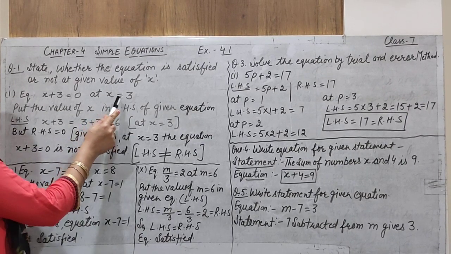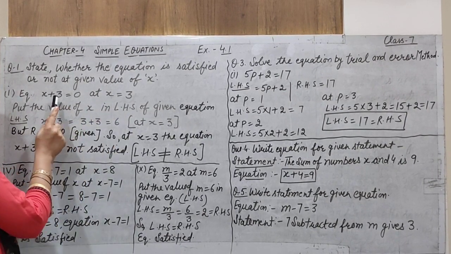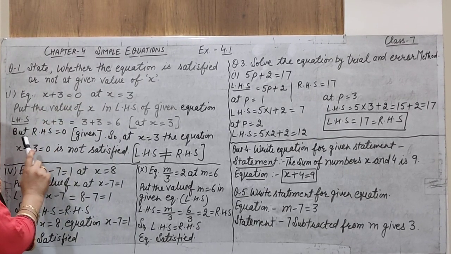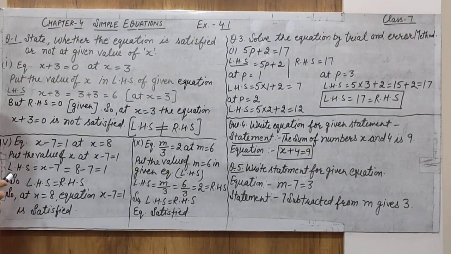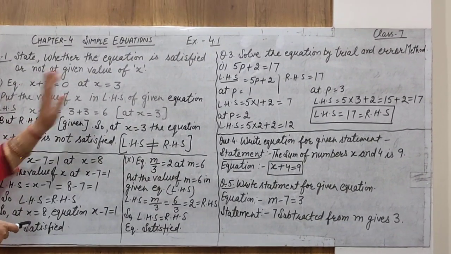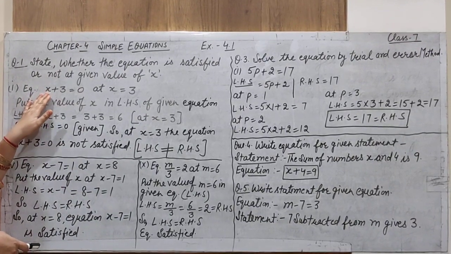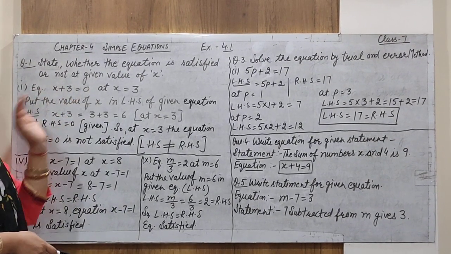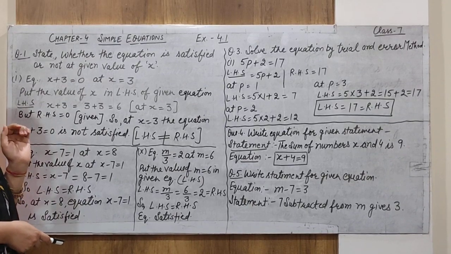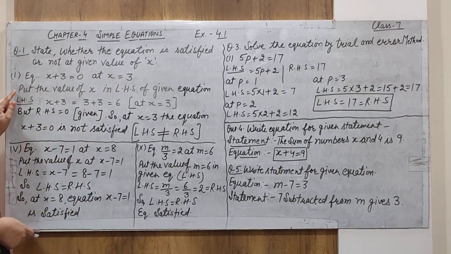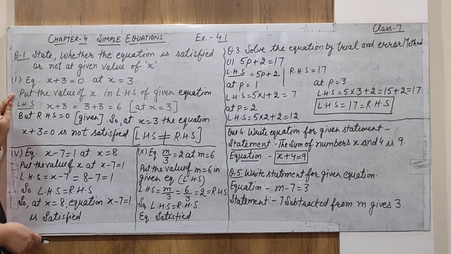And after putting this value of x in the given equation, both sides are equal. That is the main point. When the equation is satisfied, the left hand side of the equation is equal to the right hand side after putting the given value of x. So let us start to solve this question.